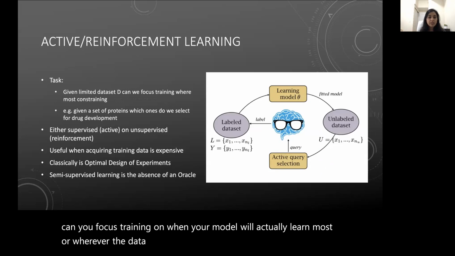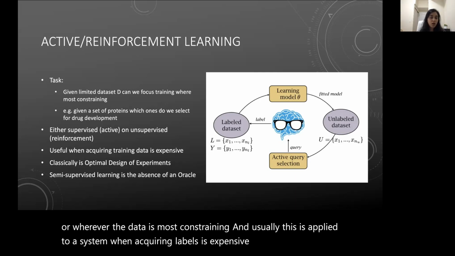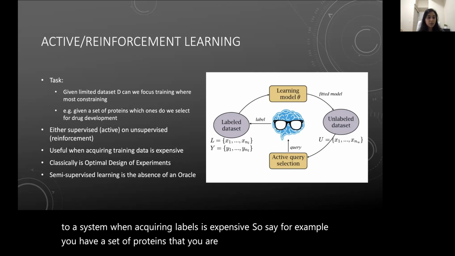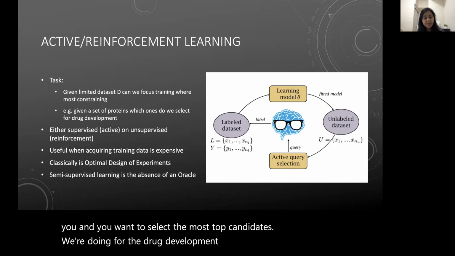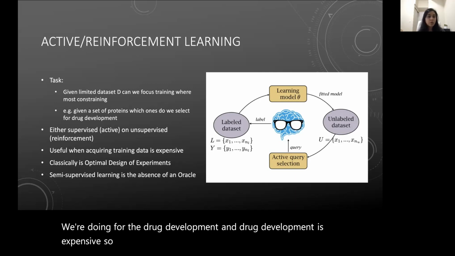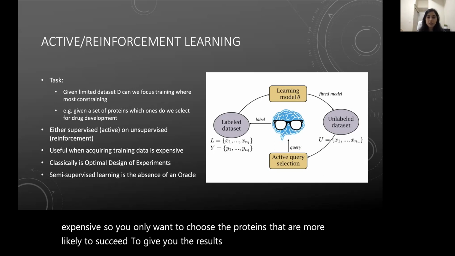Usually this is applied to a system when acquiring labels is expensive. Say, for example, you have a set of proteins that are available to you, and you want to select the top candidates for further drug development. Drug development is expensive, so you only want to choose the proteins that are more likely to give you the therapeutic results that you wish to see.